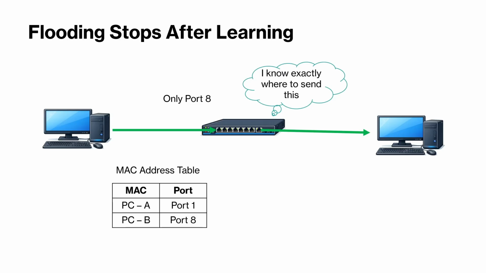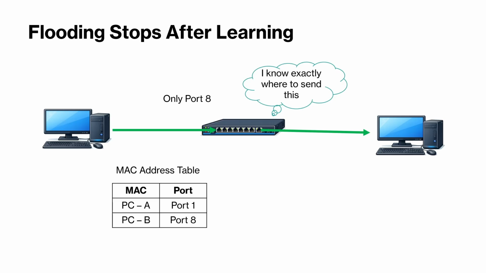Now let's walk through the full sequence slowly, using exactly what we've seen. First, PCA sends a frame to PCB. When that frame enters, the switch learns PCA's MAC address and the incoming port. Then it checks the destination PCB. If PCB is not in the table, the switch floods the frame to all ports except the incoming port.